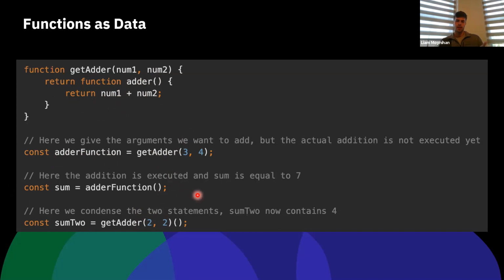Now for something like just adding 2 numbers, there's really no reason why we would want to do something like this. But once we get into more complex functions with React, functions that have side effects that do different things, it's going to be a really powerful concept to be able to define these values beforehand and just save their execution until later.